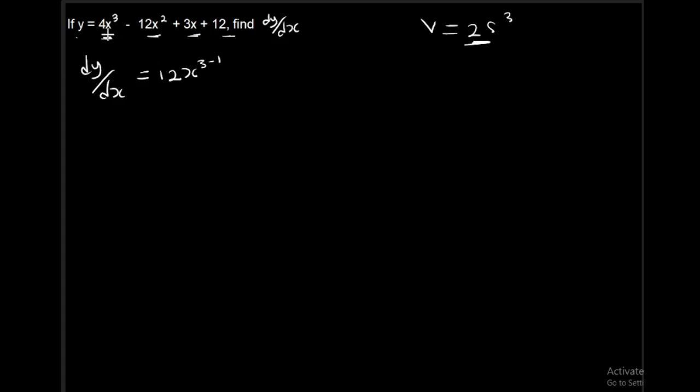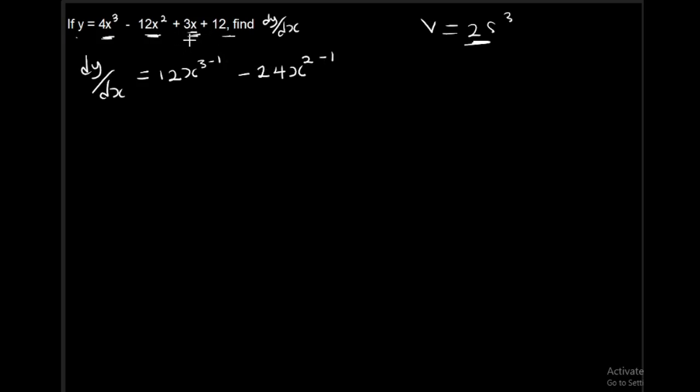So we apply the power rule to this one. Then we go to the next term, which is minus 12x squared. Again, we apply the power rule here. So we have 2 times 12, which is 24. Then we have x raised to the power 2 minus 1. Then we come to this term here, 3x.